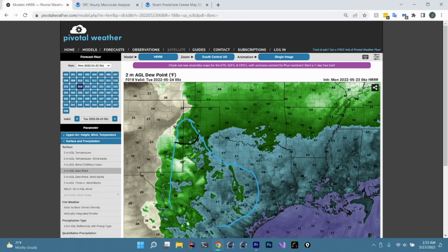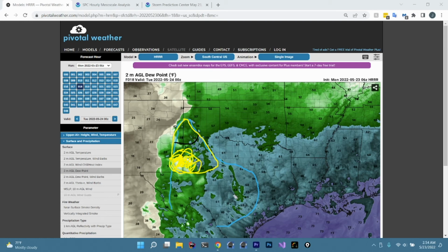Probably this entire area, just due to uncertainty of where this will occur, I'd say this whole area right here would be my target. Except for maybe right here, you could just scratch that because that's just not going to happen right there. But this area right here, that's where I would probably look for tornadoes.